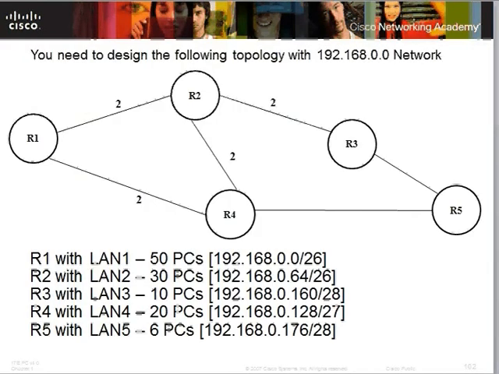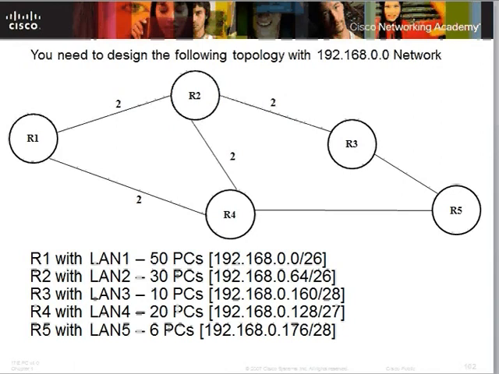Here, router 2 is connected with 30 PC. Now we have to give the priority as per the size of the subnetwork. Now the size of the subnetwork, 50 PC means 51 host, then 30 PC means 31 host.